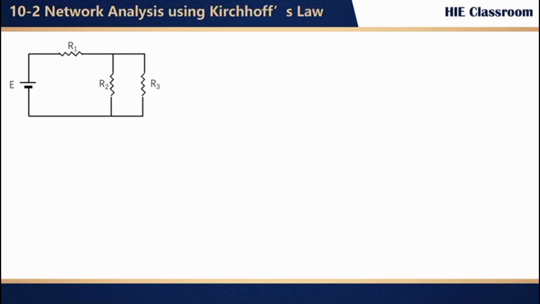First, we have a battery here, and we have three loads: resistor 1, 2, and 3. Okay, so for the first step, we need to label all the nodes here.